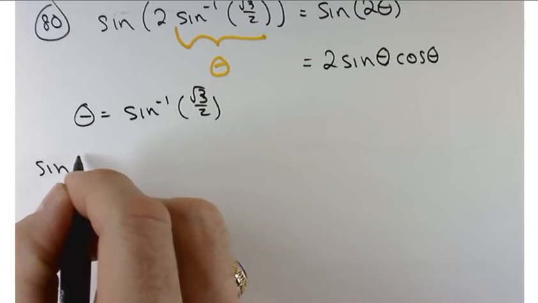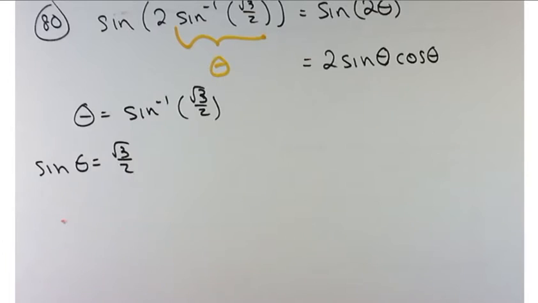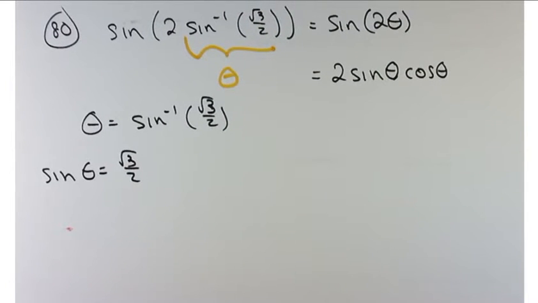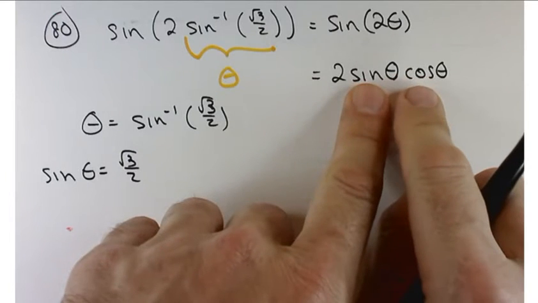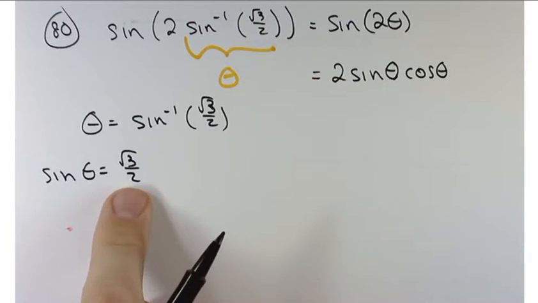Sine of theta is root 3 over 2. In order to use this formula, I need to figure out what cosine of theta is. There's a lot of different ways you can figure that out. I think the most direct way is with the Pythagorean Theorem. In fact, a lot of you probably recognize this one right off the bat anyways, right?